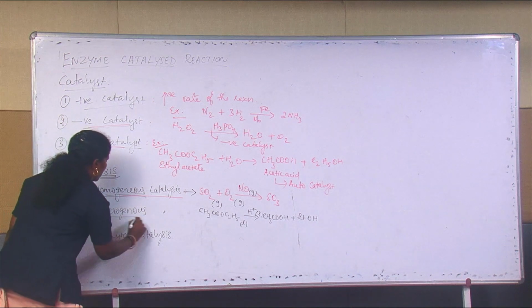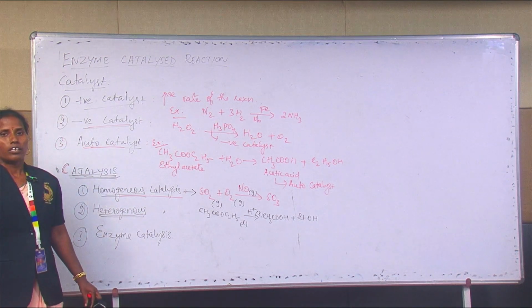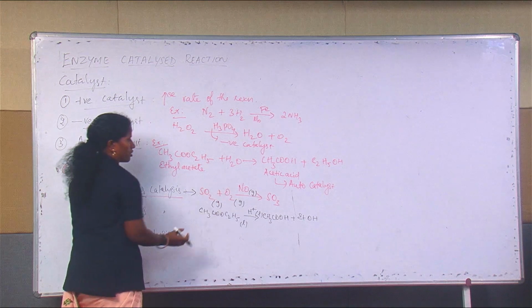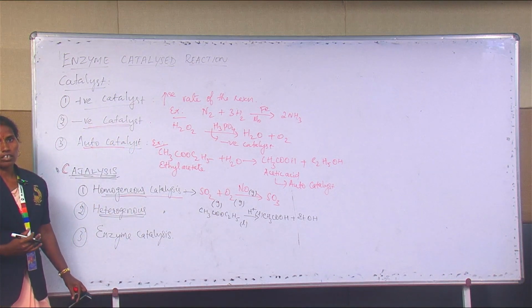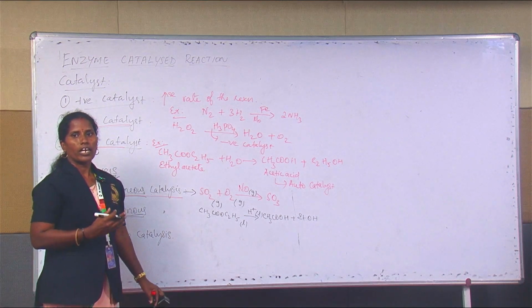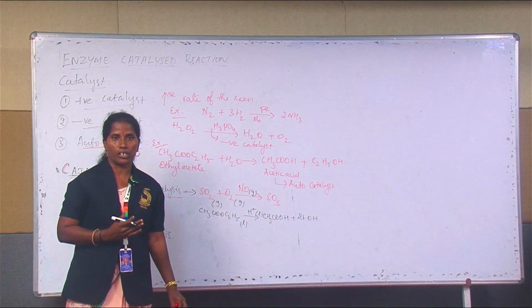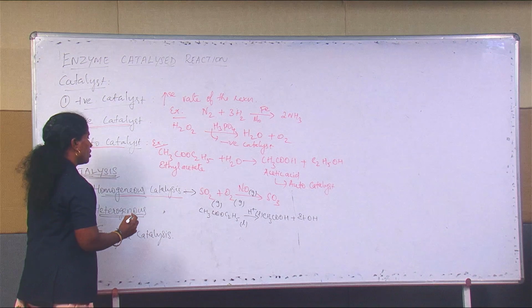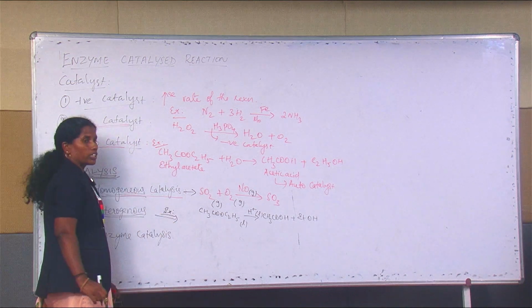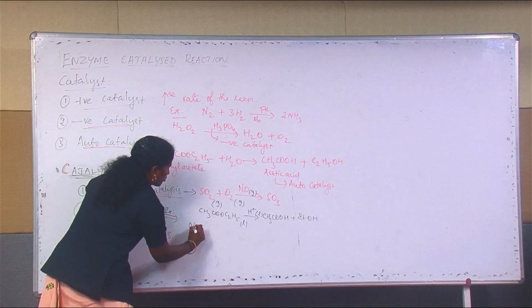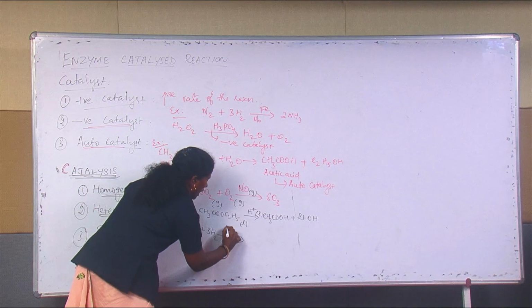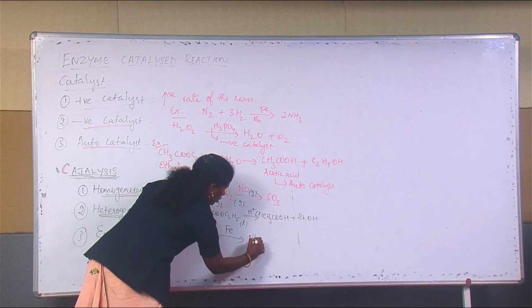The second type, heterogeneous catalysis. The reaction in which the reactant and the catalyst are in different phases is called heterogeneous catalysis. An example for heterogeneous catalysis is synthesis of ammonia in Haber process, where iron acts as a catalyst.